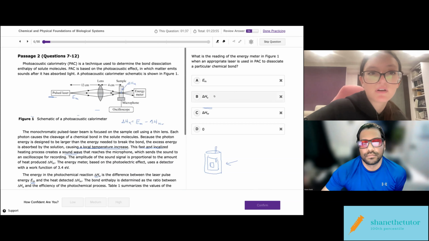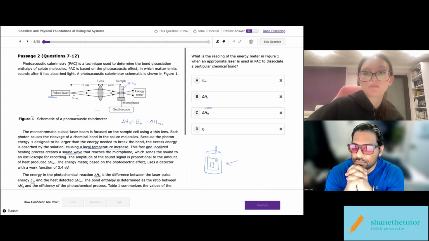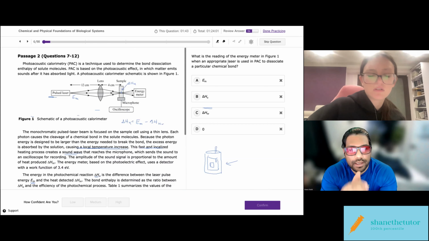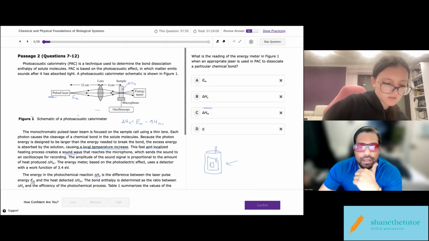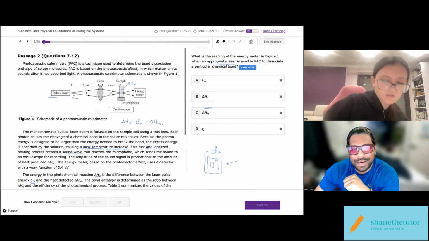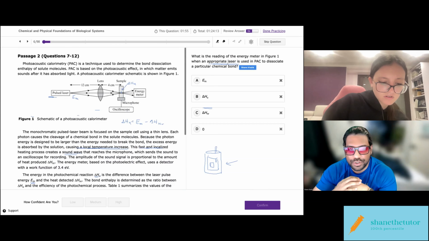It's this one, right? Well, let's think, right? Their chemical bond. So if the pulsed laser is, so they mentioned when an appropriate laser is being used, right?